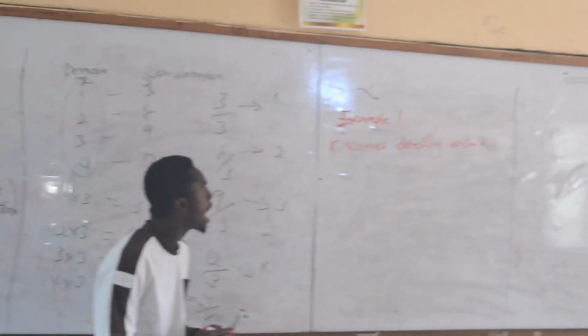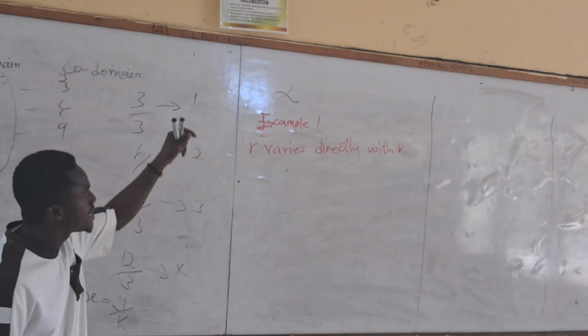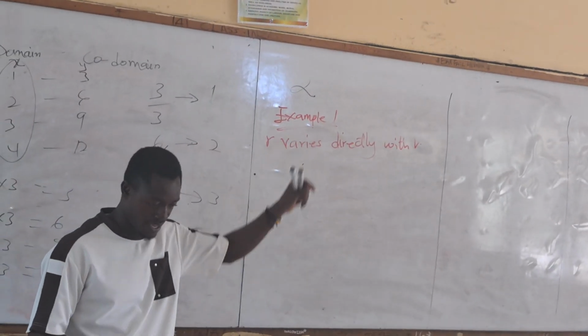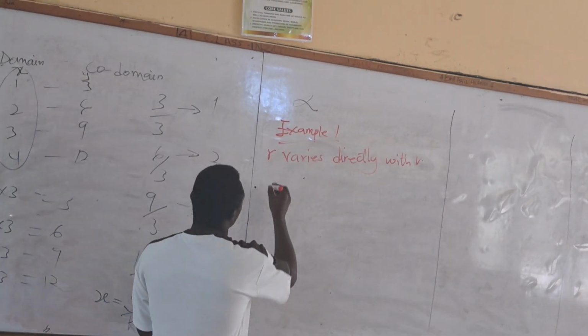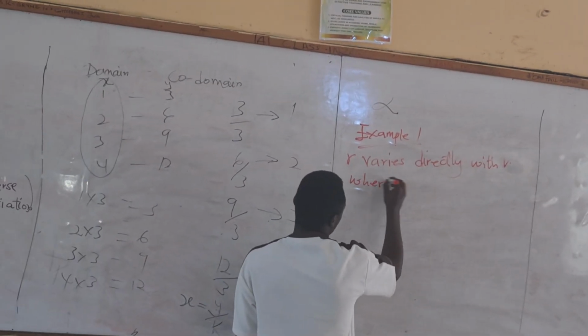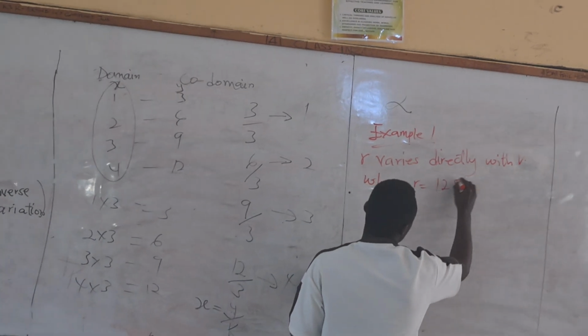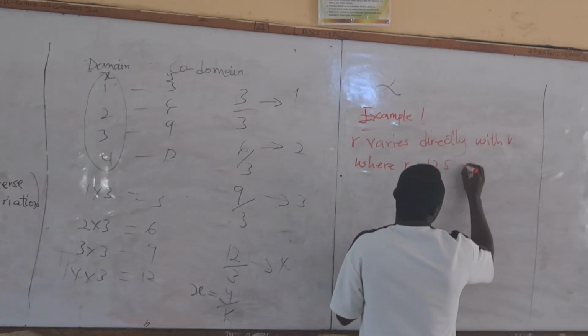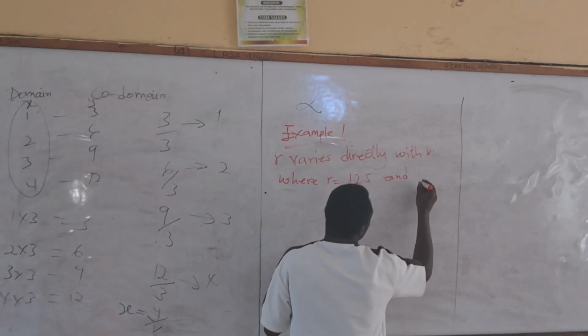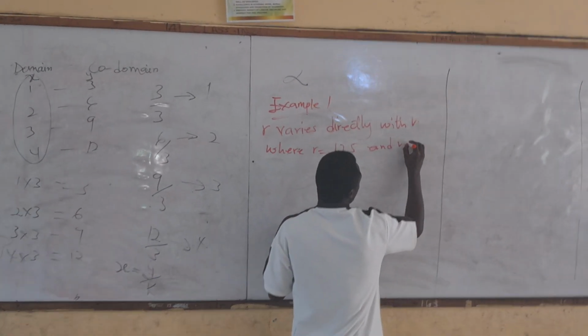R varies directly with V, where R is equal to 125 and V is equal to 5.